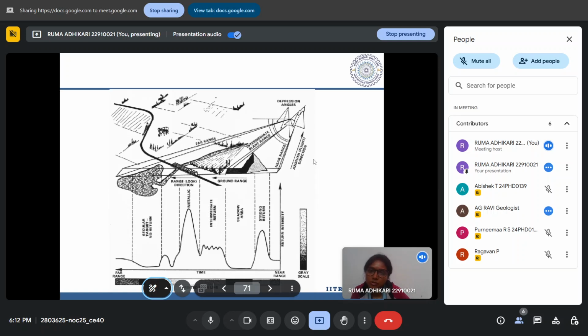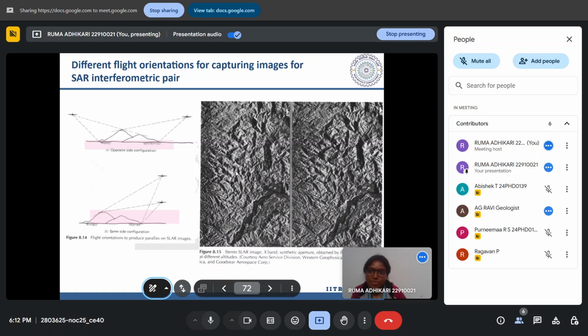We have to pre-process the signal or image from the raw signal before proceeding to any other type of processing as per our requirement. In those pre-processing steps, we tackle these kinds of distortions, near range and far range. I'll show you this.